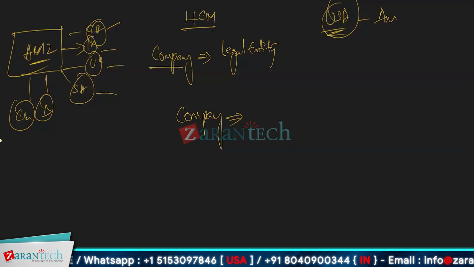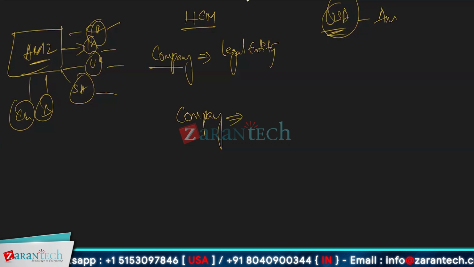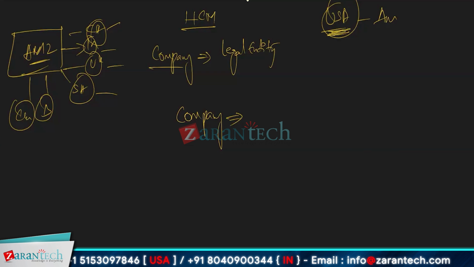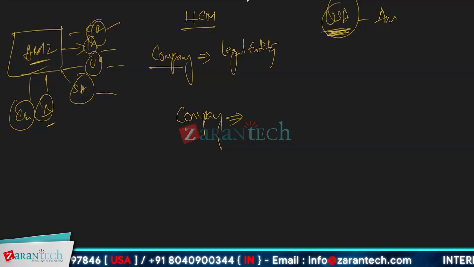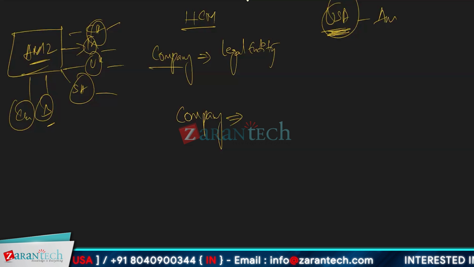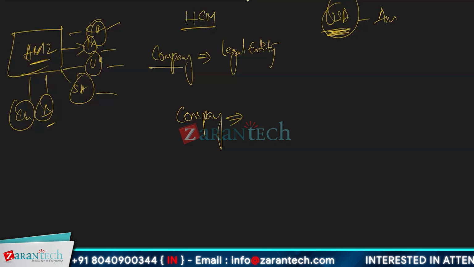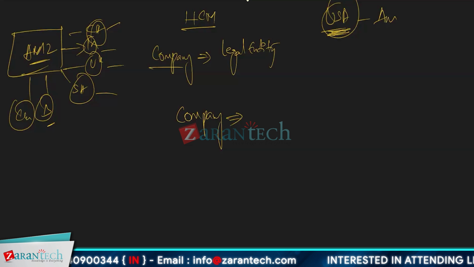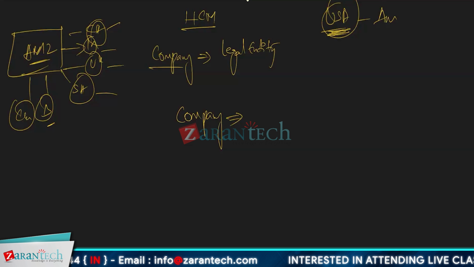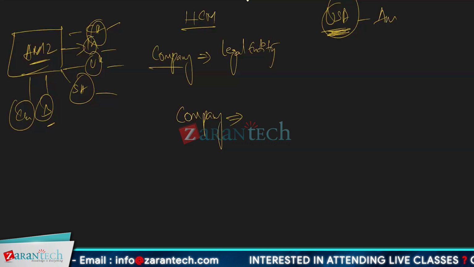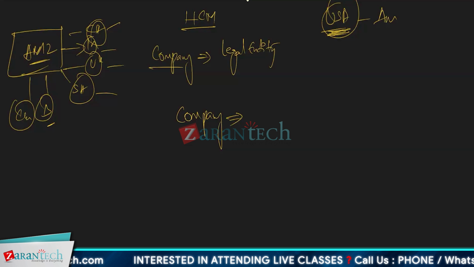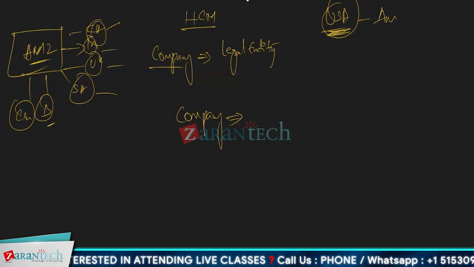So basically, you cannot use the same company in the USA and then launch in India. You have to have a separate company in the US and a separate company in India. However, there will be a parent, like a parent-child relationship. The parent company will be the top. Amazon US is the parent company. Under that, you will have Amazon India, Amazon Europe.